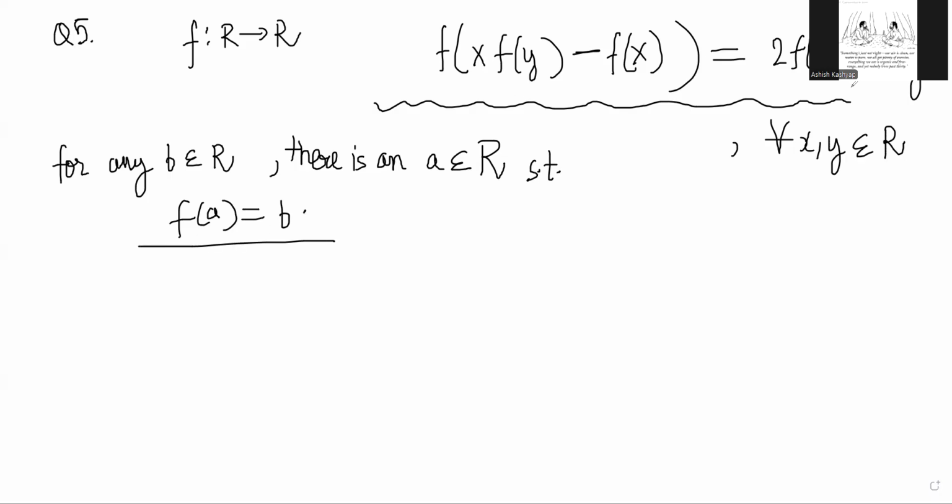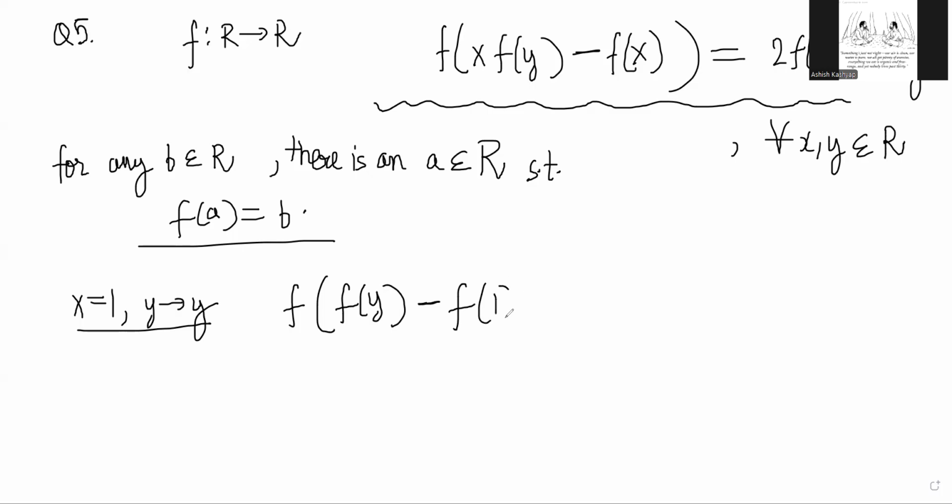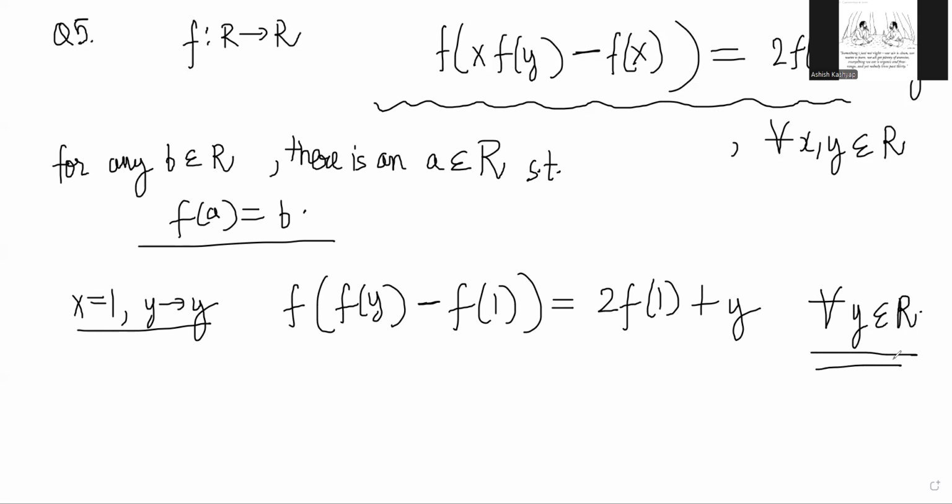So if you look at the original equation and in this you put x is equal to 1 and keep y as y itself, right? So this will become f of f of y minus f of 1 is equal to 2 times f of 1 plus y, right? And this is true for all y belonging to real, right? This relationship will be true for all y belonging to real.